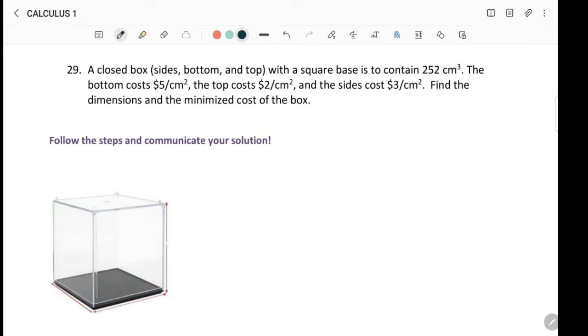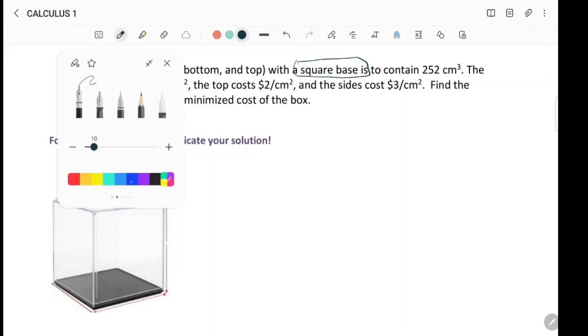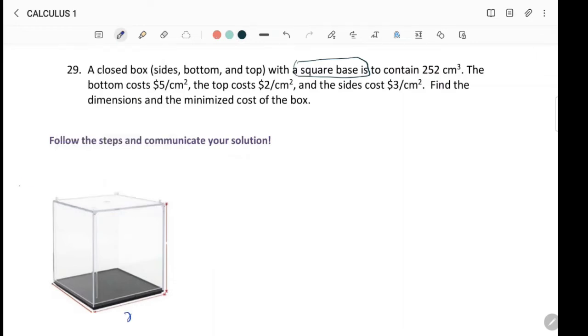Okay, so square base, right? Base is square, it's given. The closed box has a square base. So suppose this length is x, this length is x, but height I'm considering h. So what is the volume, guys?